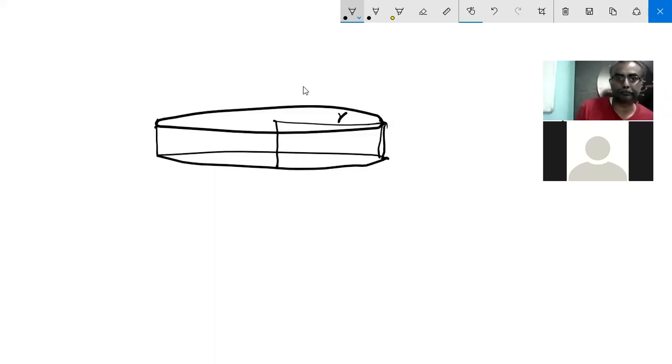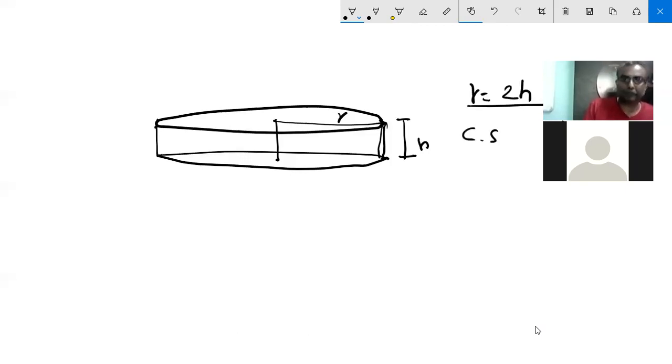Understand? This is the height. This is the radius. So what is the sum telling? It is telling the radius is 2 times the height.